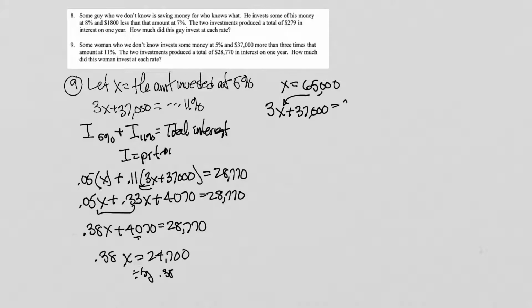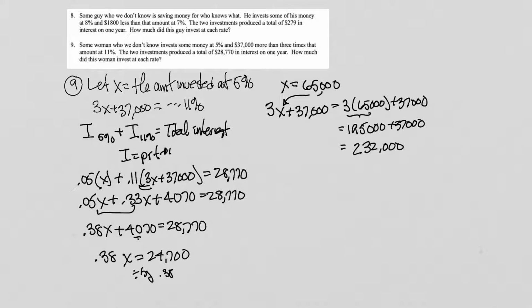So this is going to be 3 times 65,000 plus 37,000. So right here, that gives me 195,000 plus 37,000. And when I add those together, I come out with 232,000.